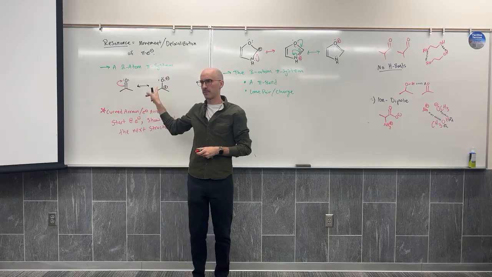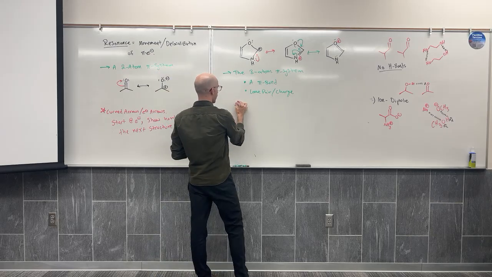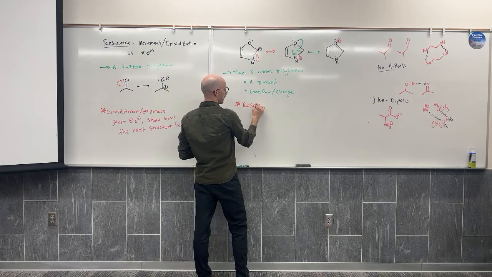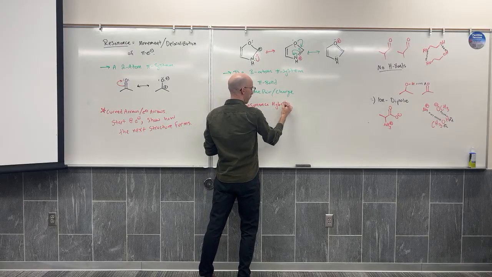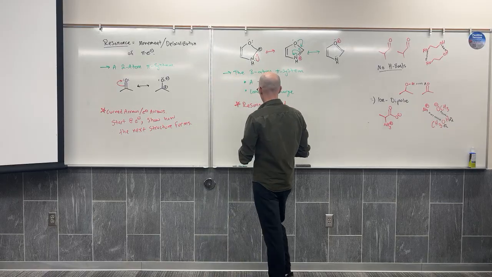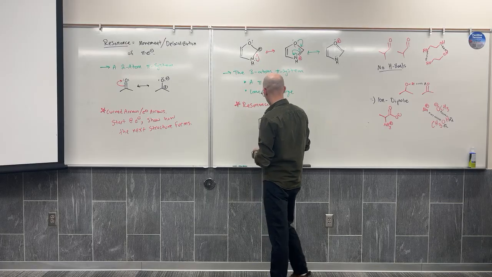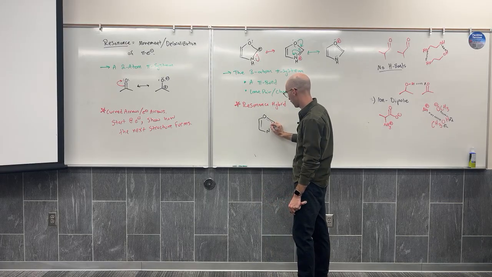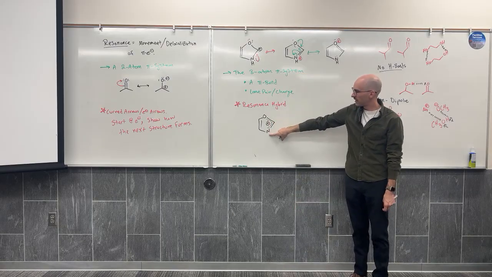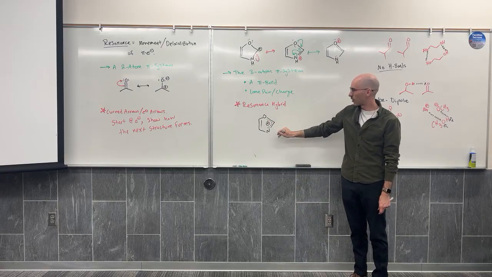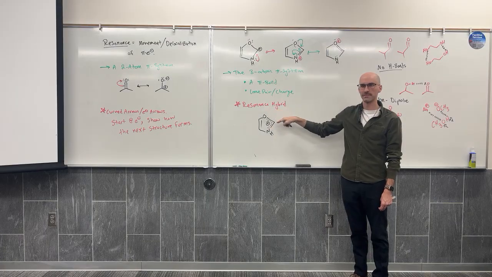So 2-atom systems, 3-atom systems. In reality, though, we look for the resonance hybrid to tell us more like what the molecule looks like. And in this case, the resonance hybrid has this positive charge that is delocalized across the nitrogen, the carbon, and the oxygen.